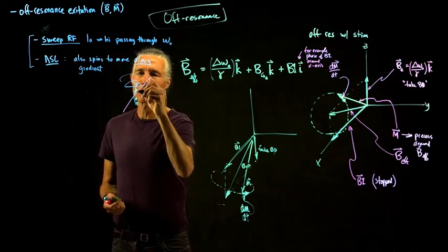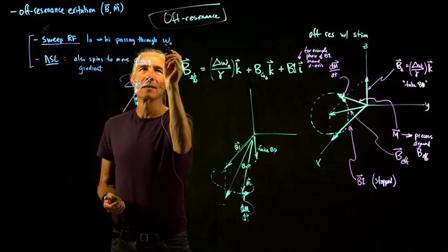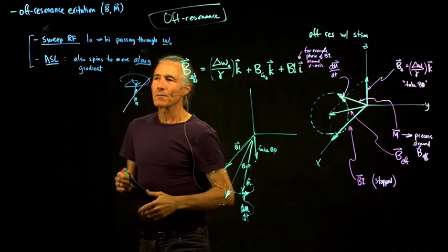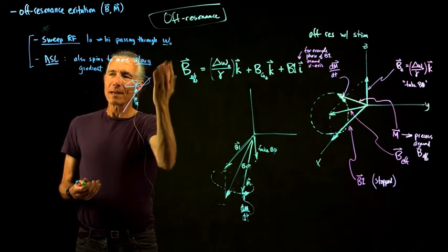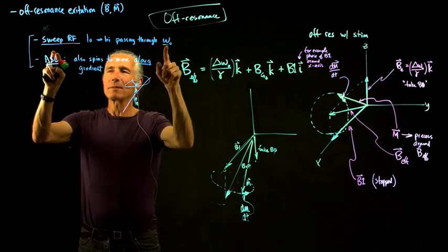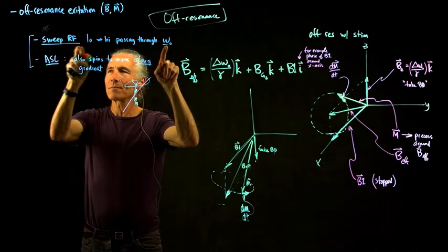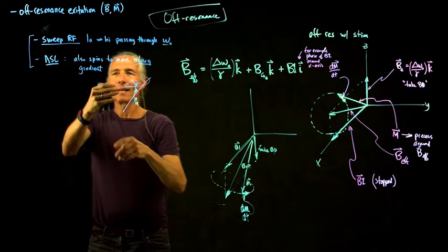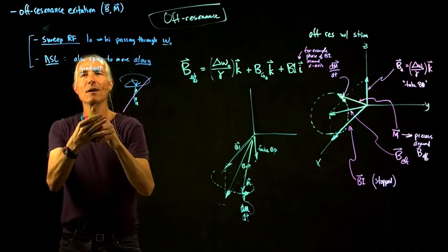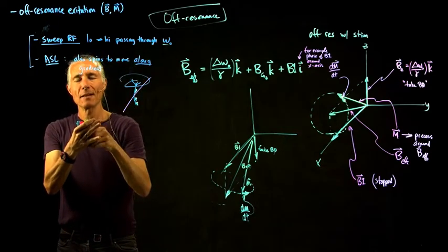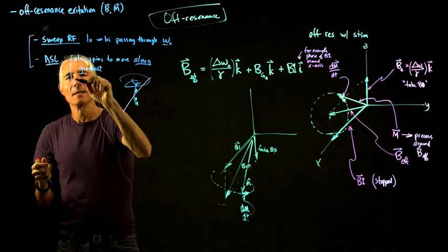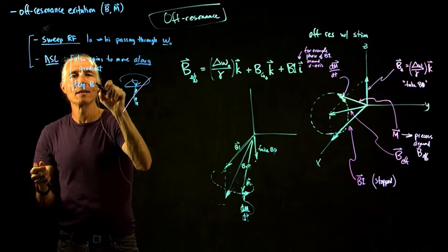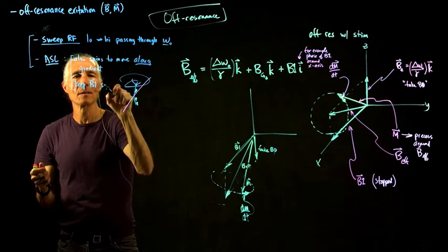As they go up through the gradient, they'll be changing their frequency. So you can see that that's basically the same as keeping their frequency the same and sweeping the RF. So you can sweep the RF, or you can allow spins to move along the gradient and keep B1 the same.